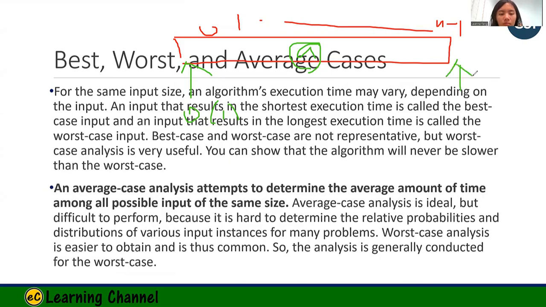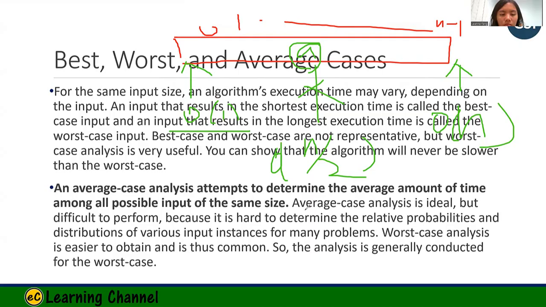Worst case, if you check n of them, you still don't find it. So it's order of n. On average, it's n divided by 2 because you may be longer, maybe shorter, but on average it is half. So this linear search is order of n worst case, order of n over 2 average case, order of 1 best case.